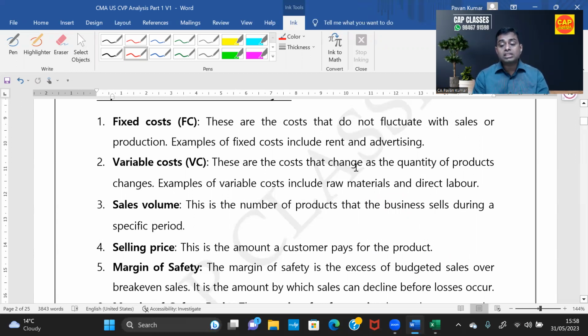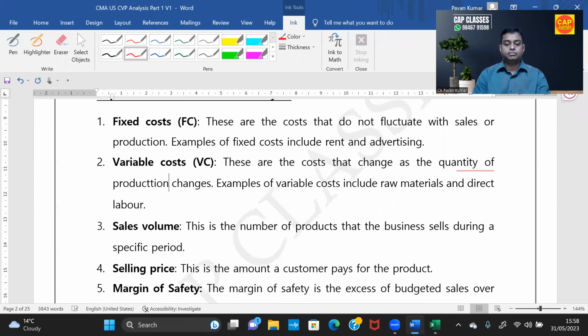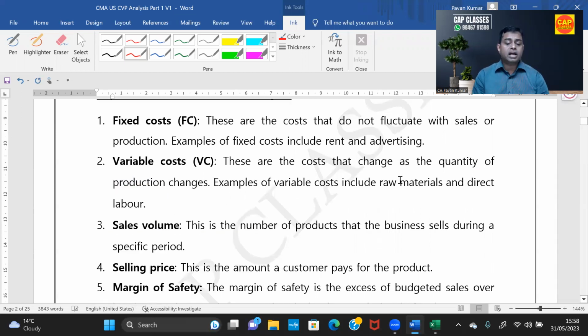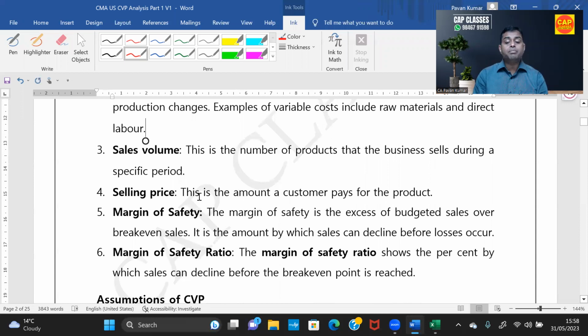Variable costs: these are the costs that change as the quantity of production changes. Examples of variable cost, raw material, direct labor. Sales volume. Then selling price. What is selling price? The amount a customer pays to the company to buy a product is called selling price.